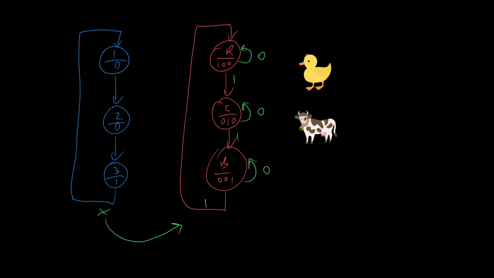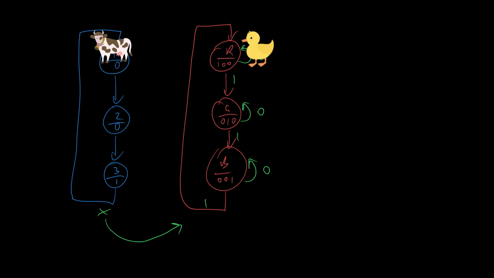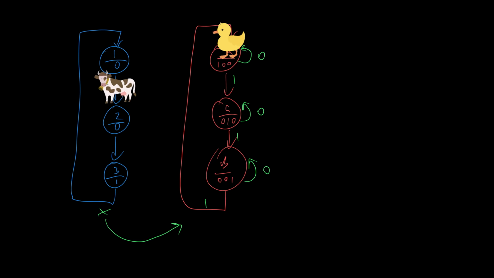Just to be 100% clear, we know how this works. Let's play the game. Here's my marker, Mr. Cow over here, or is it Mrs. Cow, sorry. And here's my duck over here. And then at the rising edge of the clock, what happens? Well, over here at the rising edge of the clock, I go straight down here.